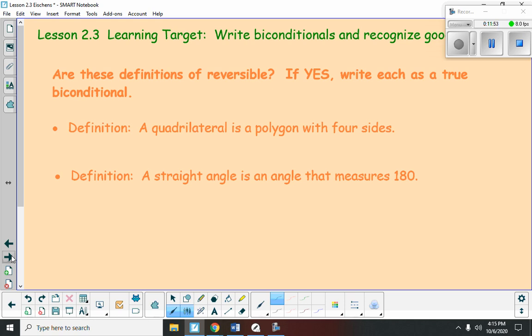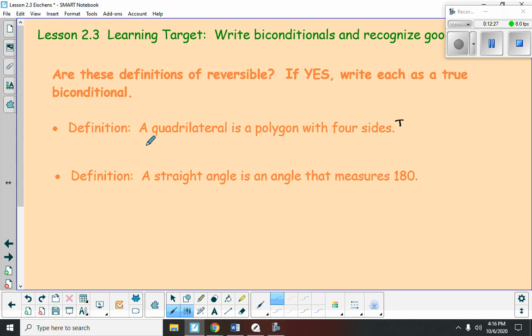A quadrilateral is a polygon with 4 sides. That is true. Can you reverse it? Can you say a polygon with 4 sides is a quadrilateral? Yes.